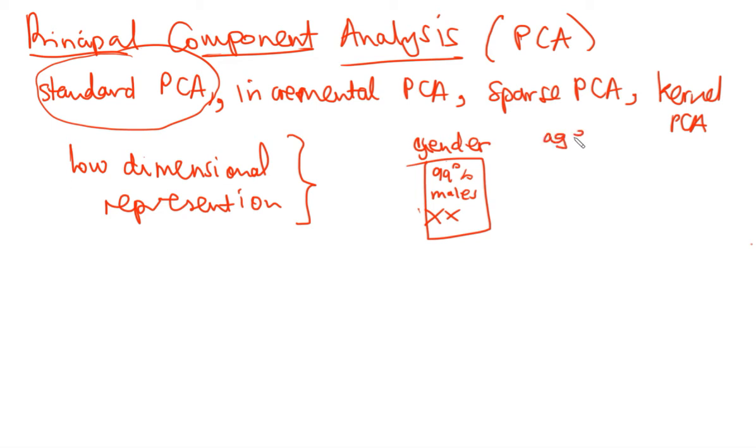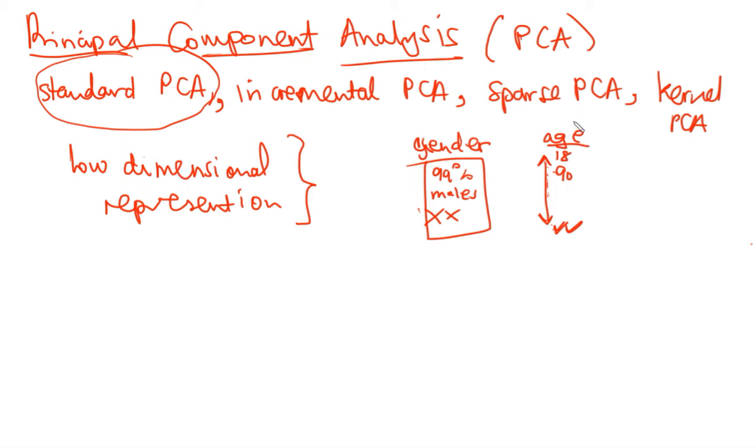But if you have a column like age, with people from 18 to 90 years old, evenly distributed, and very variable through all instances, this one has a lot of information. Algorithms love these kinds of columns that have a lot of variation in them. That's what principal component analysis does.